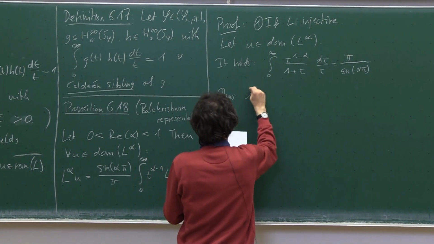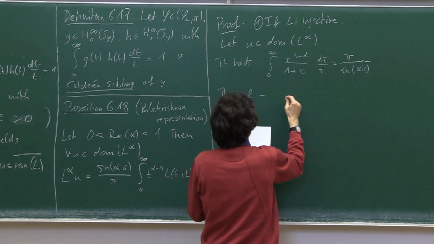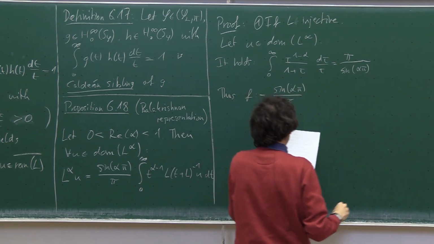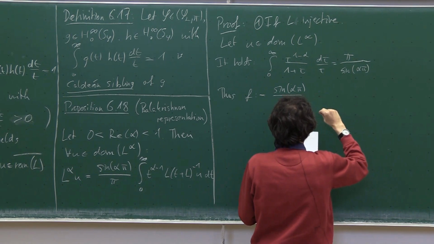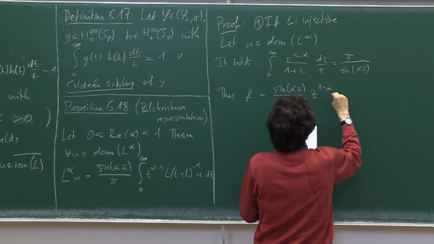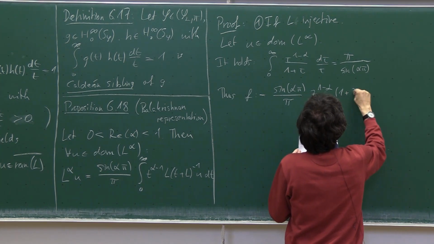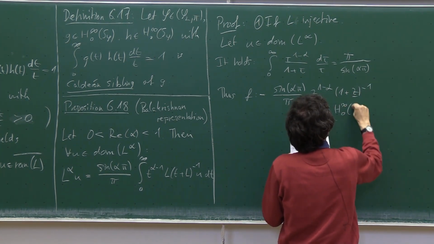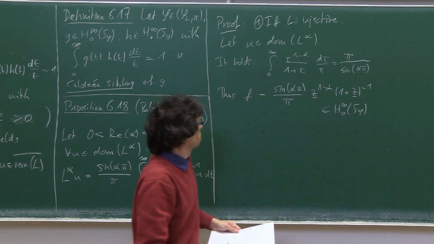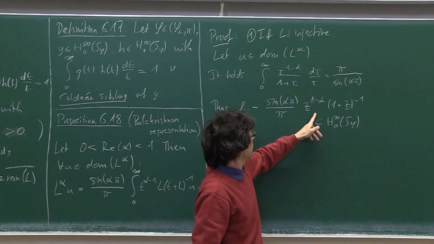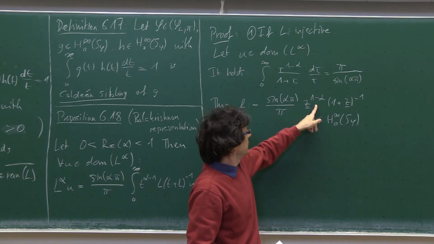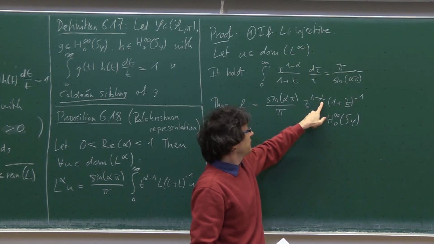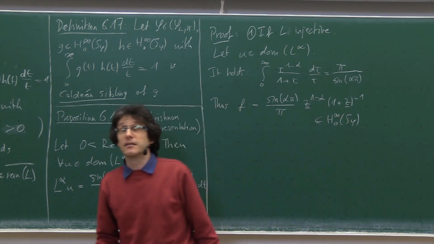Once we know this, we know that the function f given by the inverse of this constant, sine of alpha pi over pi, times z to the minus alpha, times (1 plus z) to the minus 1, is a regularly decaying function. At 0 there is some decay, and at infinity, since the exponent minus 1 is more than 1 minus alpha, there's some polynomial decay left.